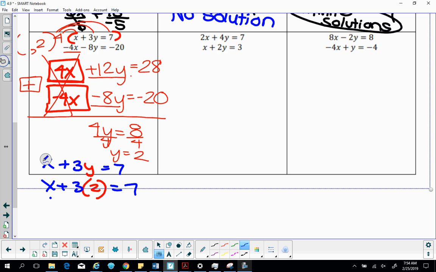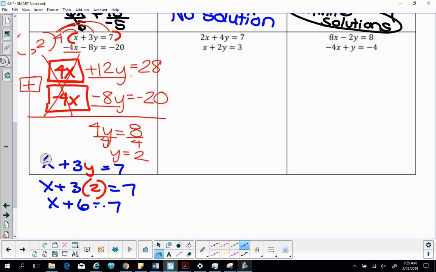Then I'm going to solve. What is 3 times 2? And then how do I get x by itself? You end up getting x equals 1. So my solution would be 1, 2. How many solutions does that mean I have for that one? 1 solution.